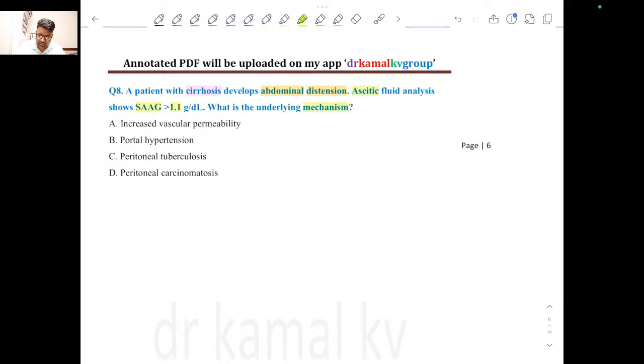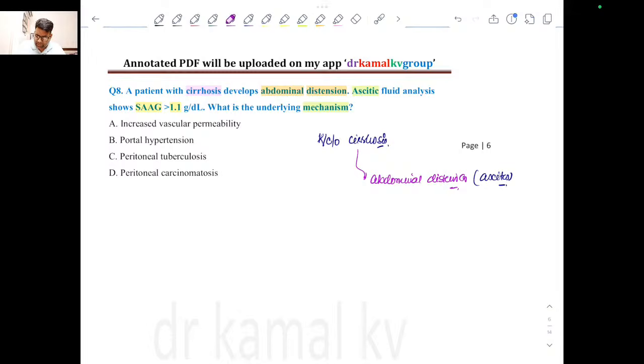So here the patient is a known case of cirrhosis and then he develops abdominal distension. Obviously, this is ascites. Okay.